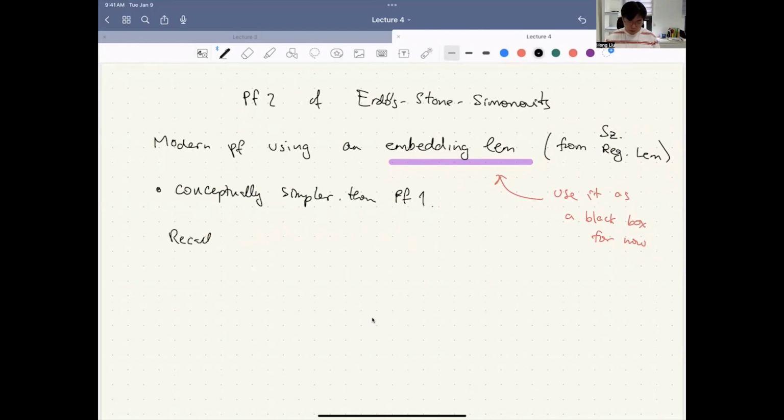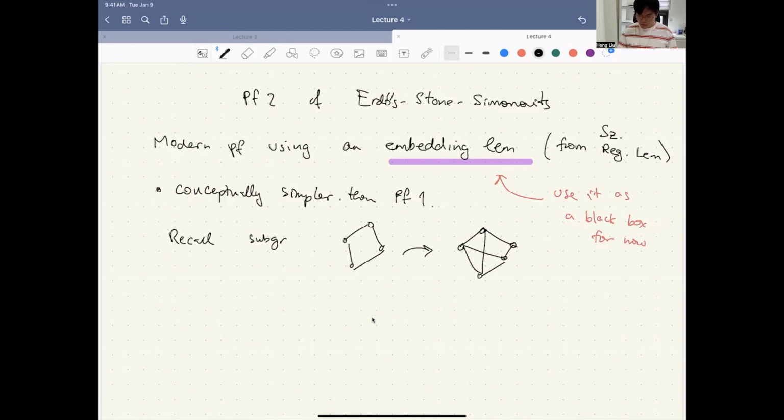Okay, so what is subgraph containment? Recall, subgraph containment just says you can somehow map a vertex one-to-one to somewhere else. So what is subgraph containment?